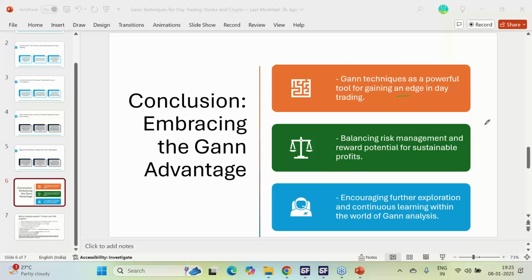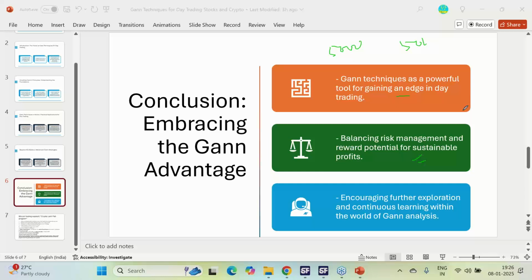Number two, you must have a risk management approach. Whenever the Gann technique is telling me something, that doesn't mean that if you have 50,000 capital, you take 50 lakhs as exposure and trade. That doesn't make any sense. Simply you do not say that, okay, Gann technique told me this, it is accurate, I will take this risk. Your risk should be based on your capital.